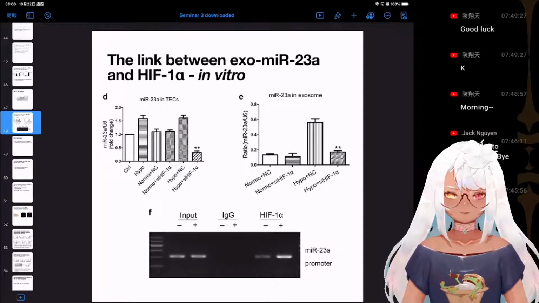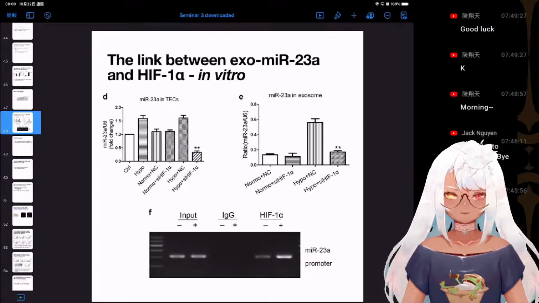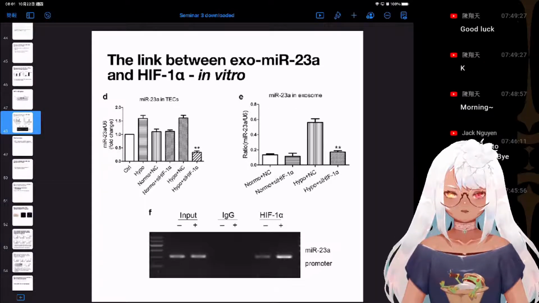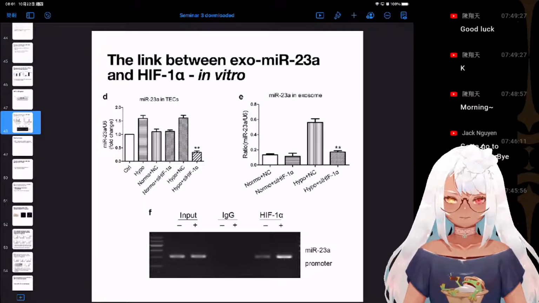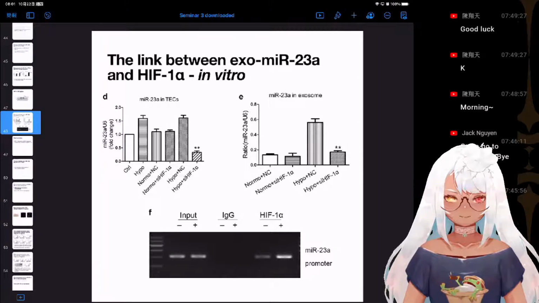Similar things are also observed in the expression level in exosomes. If HIF1 alpha is inhibited in the hypoxic TECs, the level is significantly decreased.